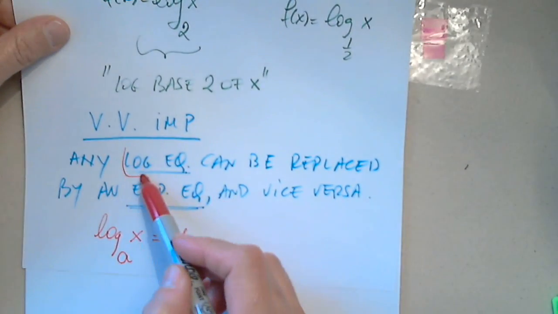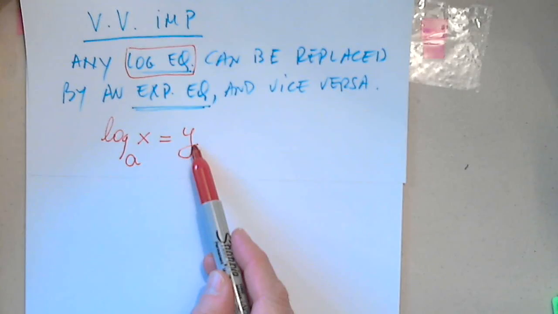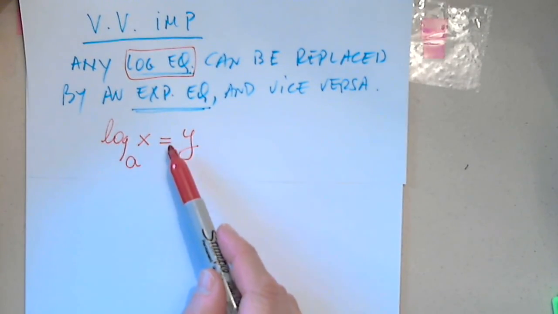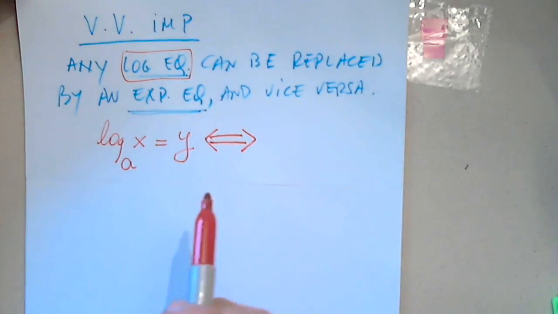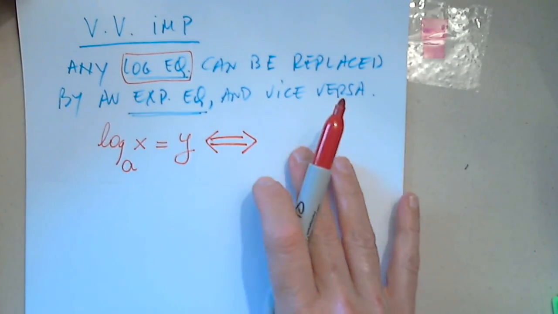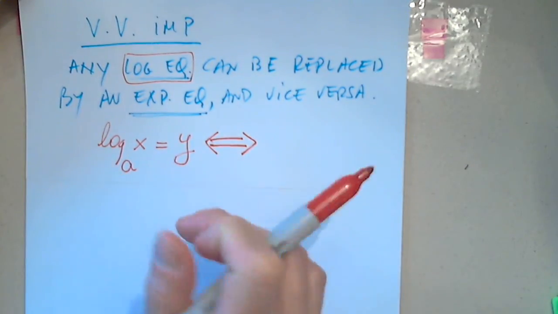This is a log equation. It has a left-hand side, the equal symbol, and the right-hand side. Log base A of x is y. And now here comes the double equivalency symbol. This equation can be turned into this equation.